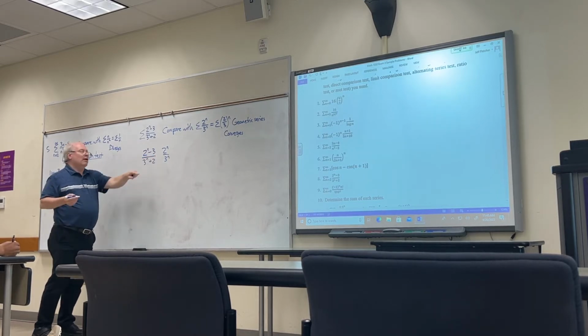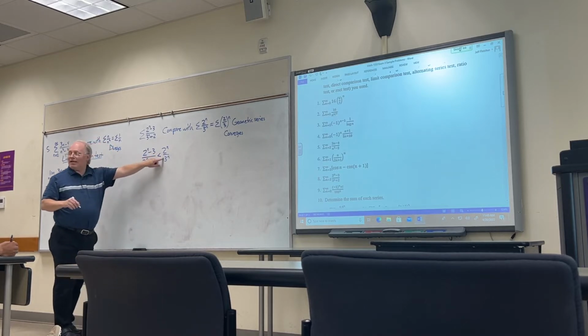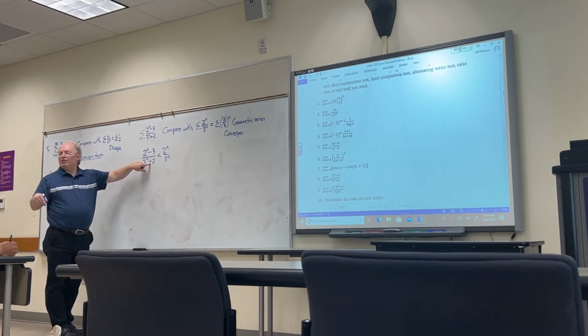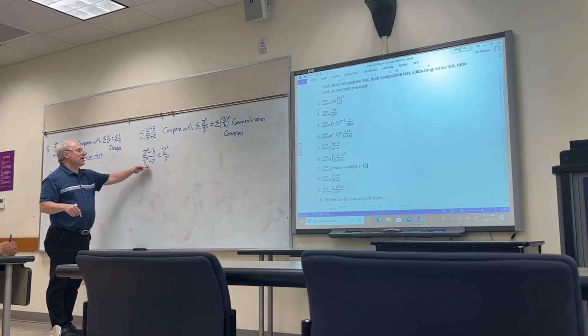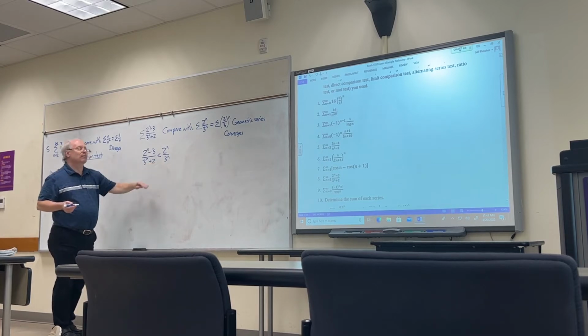Oh, it's less than 2/3. Yes, this is less than 2/3 to the nth. Because here you have a smaller numerator, which would make it smaller, and a larger denominator, which would also make it smaller. So you can tell the difference. All right, so since they compare directly like this, you could try the direct comparison test.